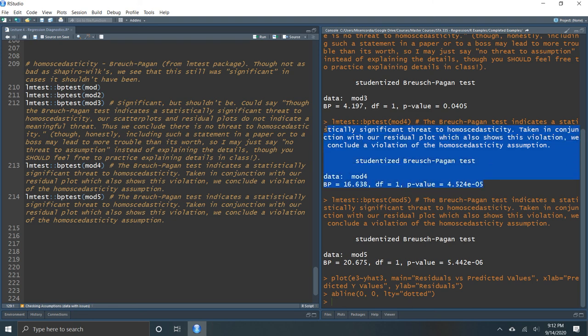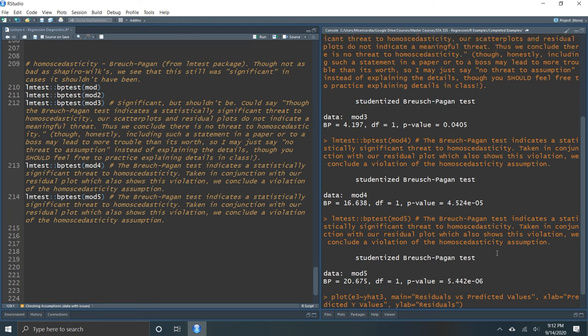Now, for these last two, there was a violation of homogeneity of variance, and the test correctly indicates that there is evidence that they did not meet the assumption of homogeneity of variance or homoscedasticity. So for these last two, the results are statistically significant, and they should be.